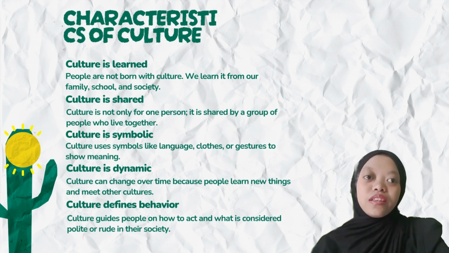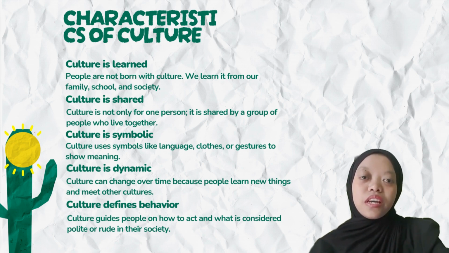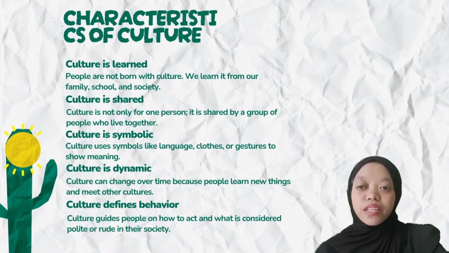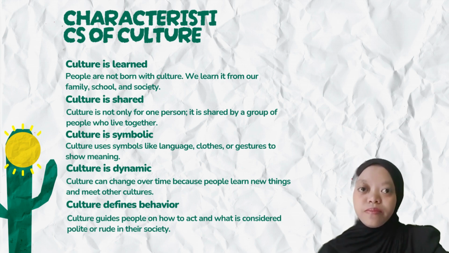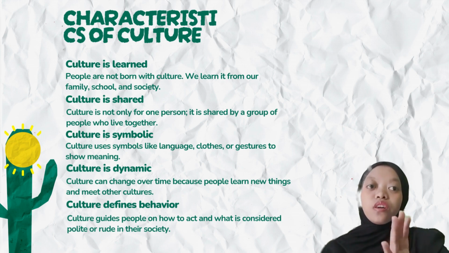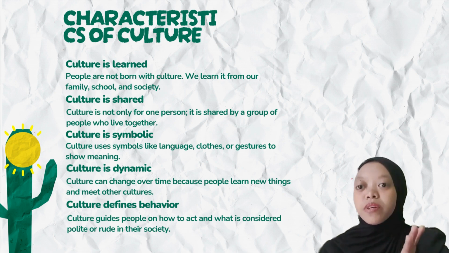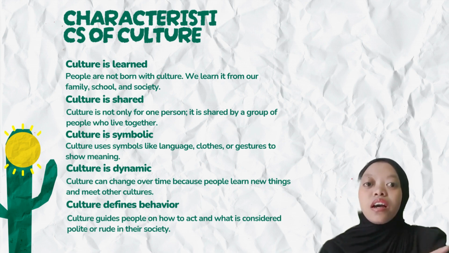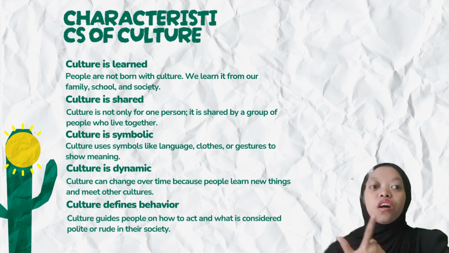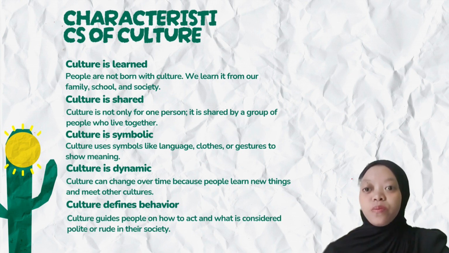Now, let's look at the characteristics of culture. First, culture is learned. No one is born with culture. We learn it from our parents, family, school, and society. Second, culture is shared. It belongs to a group of people, not just one person. People who live together share similar habits and traditions. Third, culture is symbolic. It uses symbols like language, clothes, and gestures to show meaning.